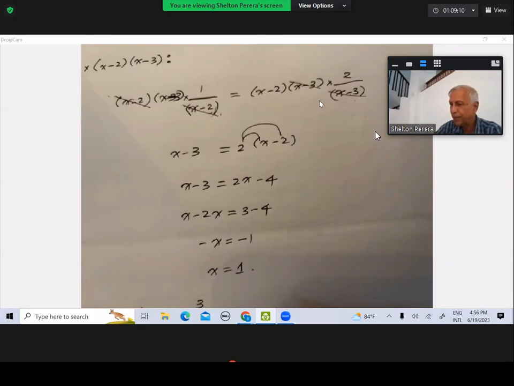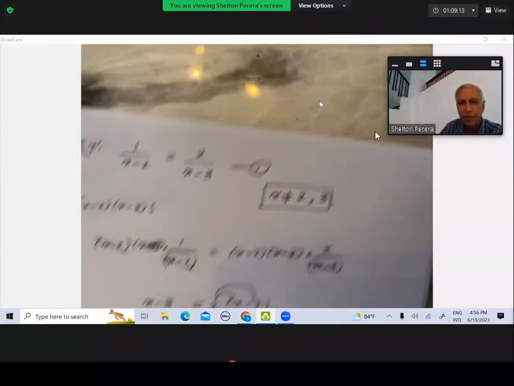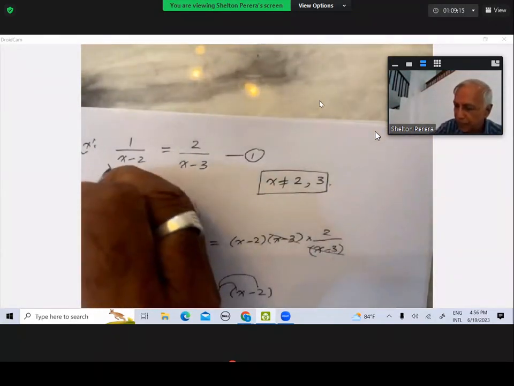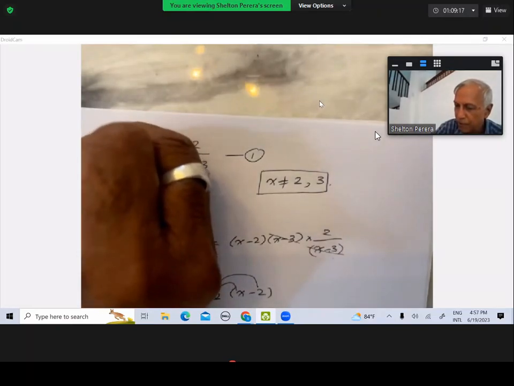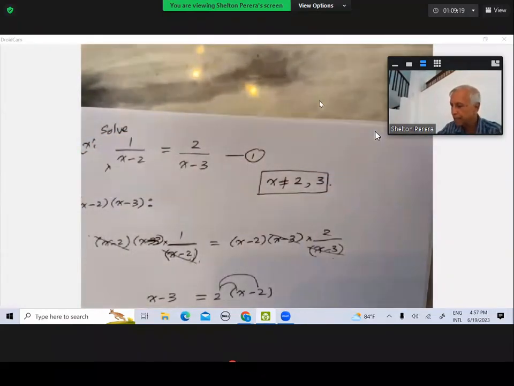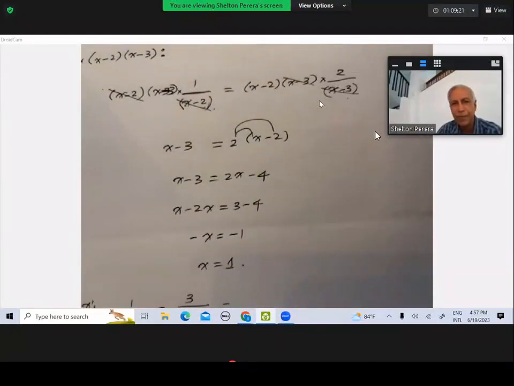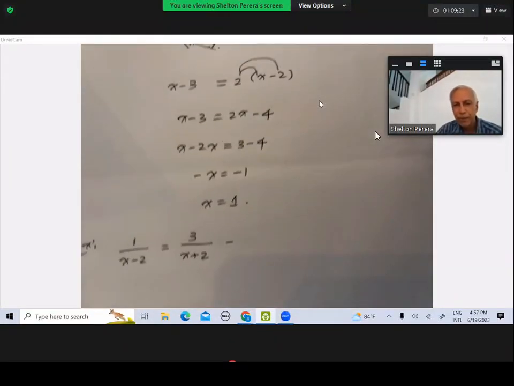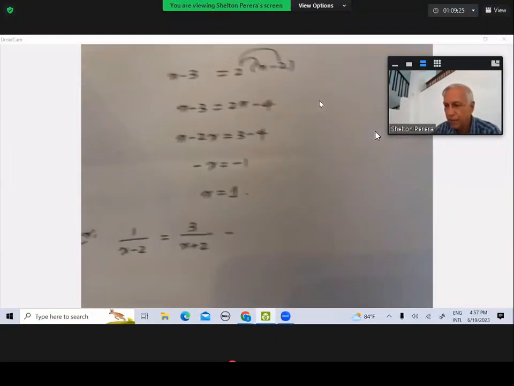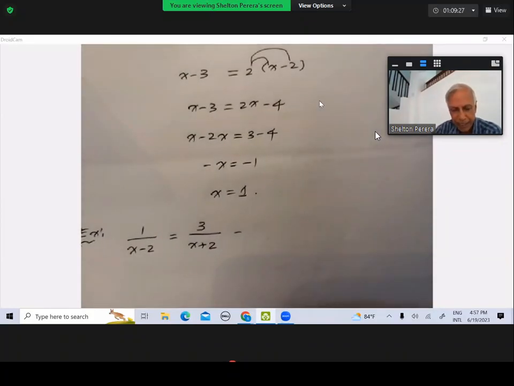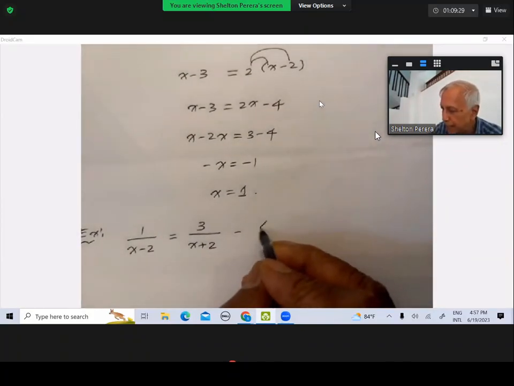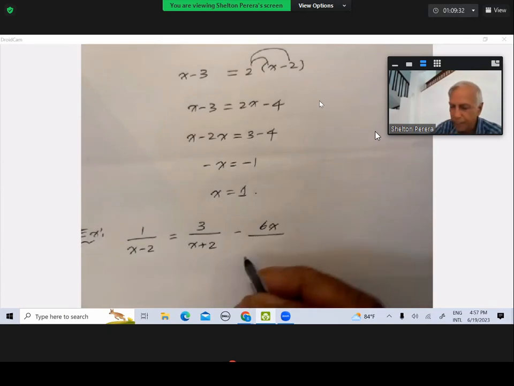Here also we should have said solve this equation. Solve the equation 1 over x minus 2 equals 3 over x plus 2 minus 6x over x squared minus 4.